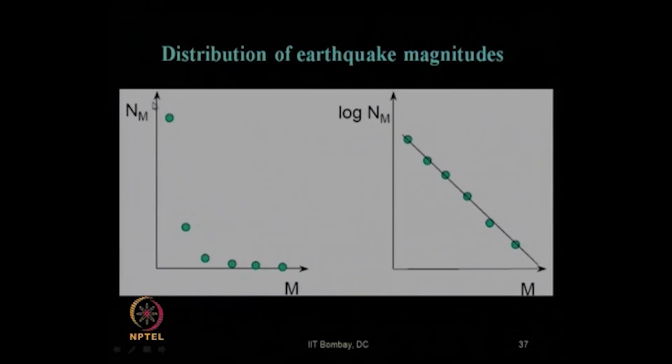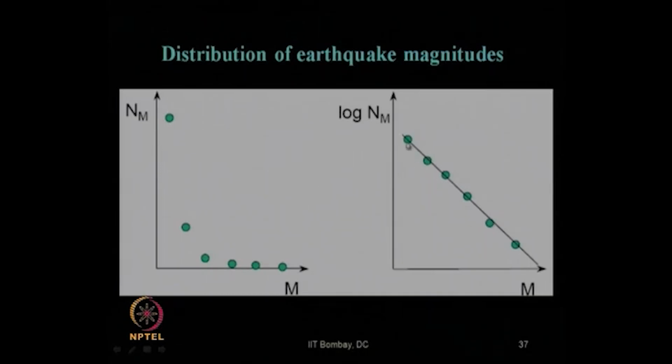If you collect the historical earthquake data for any region, it will typically give this kind of shape in the normal plot, normal axis system. Now, if you plot the same relationship in log scale for the y axis, but normal scale for the x axis, that is, magnitude is still in normal scale, but the y axis, the number of occurrences, is in log scale, it will give some relationship.